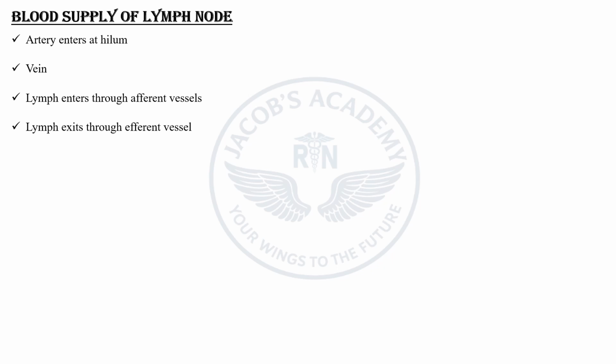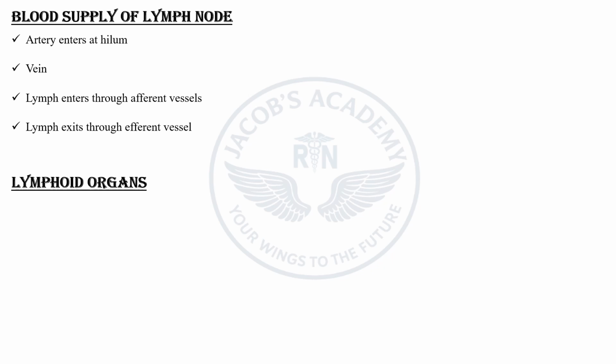Next, lymph enters the lymph node through afferent lymphatic vessels. And the last one is, after filtration, lymph exits through the efferent lymphatic vessel at the hilum. This arrangement helps in efficient filtration of lymph.